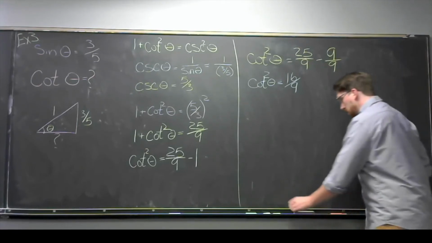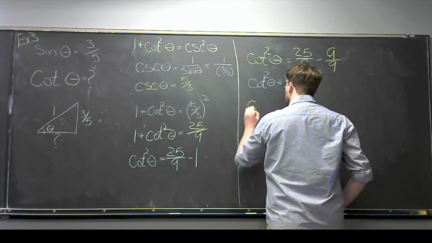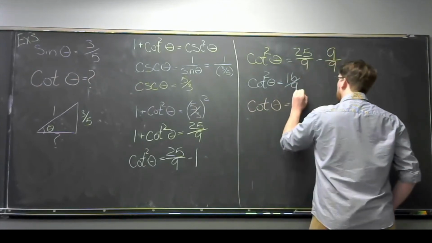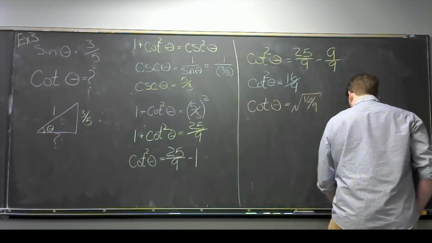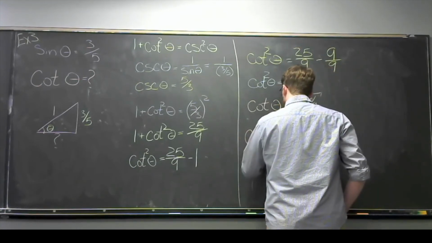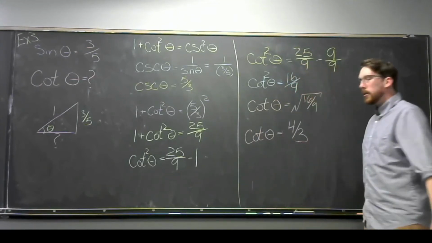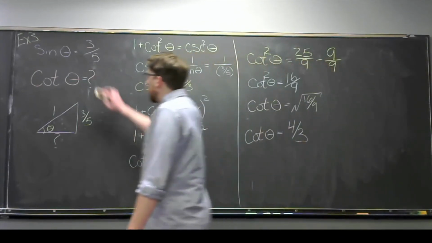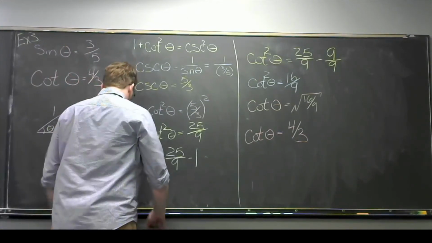Taking now the square root of both sides, we get that cotangent of theta is equal to the square root of 16 over 9, or cotangent of theta is equal to 4 over 3. Cool. So cotangent is equal to 4 over 3.